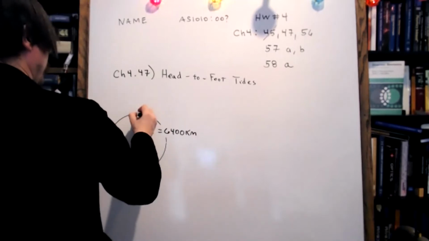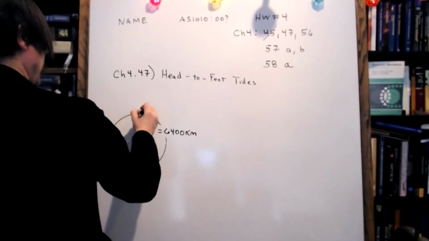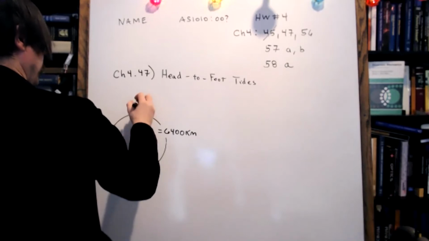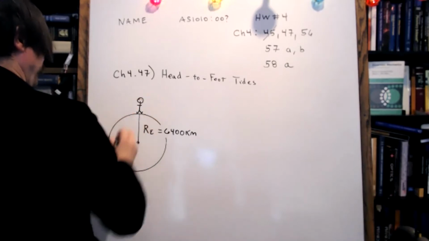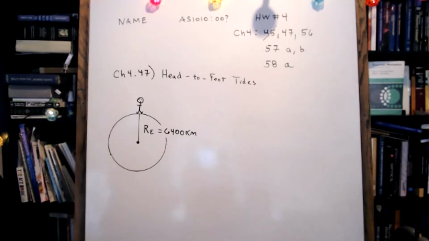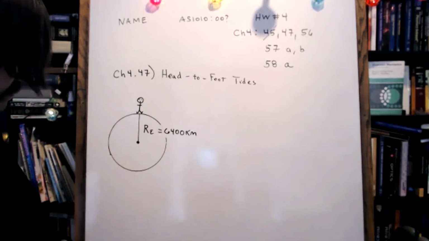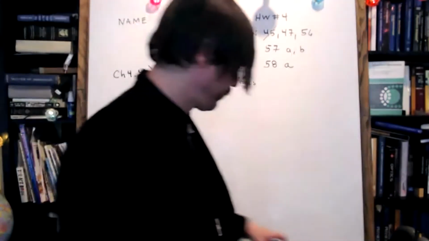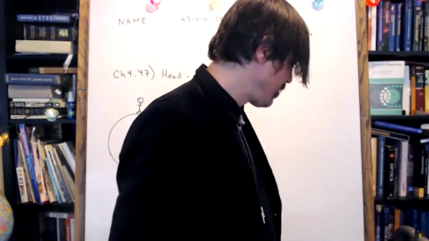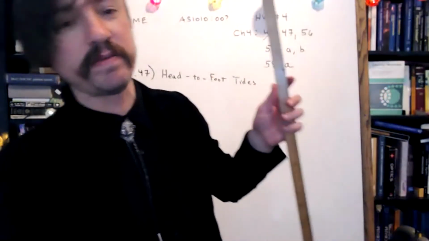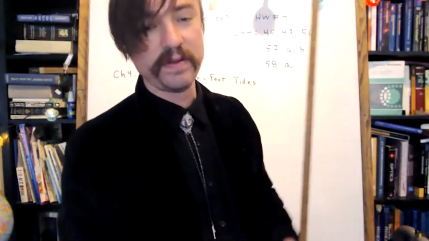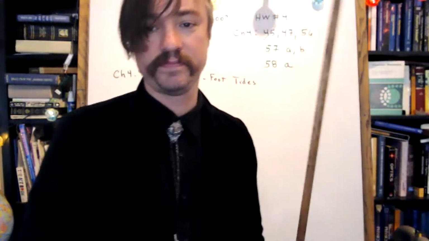Now let's draw a person standing on Earth. What would you guys say the typical height of a person is? 5'8". Okay, in imperial units maybe, but that's not helpful. How about in meters?